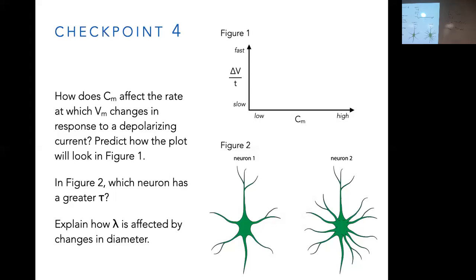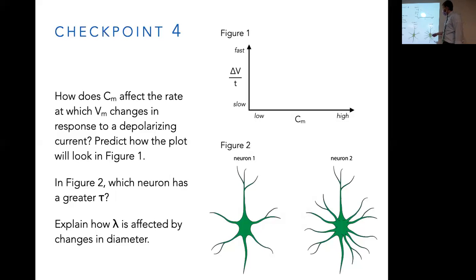And it takes a lot longer if you have high capacitance because you have more membrane to charge before you can actually move and change the potential. Hopefully we remember we have that capacitance current immediately, and then we get our resistance current that actually changes the membrane potential as we can read it. So when we increase capacitance, tau increases. And as a result, we should see some sort of drop. I doubt it's linear, but that's the basic relationship there.